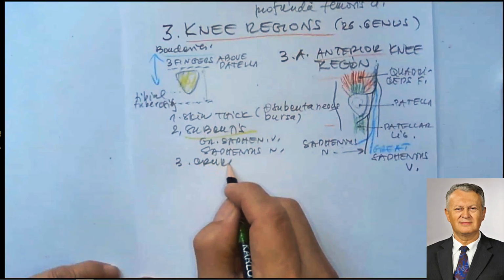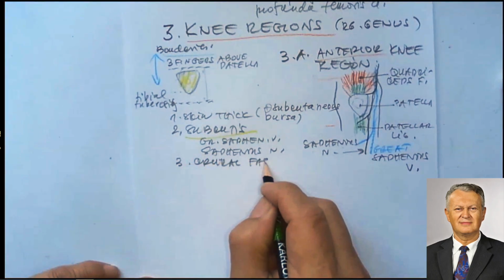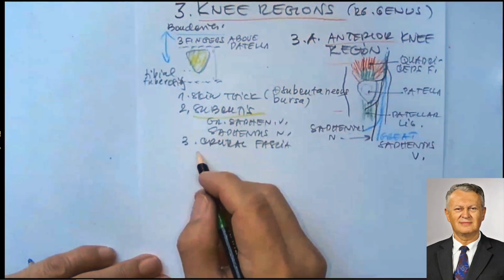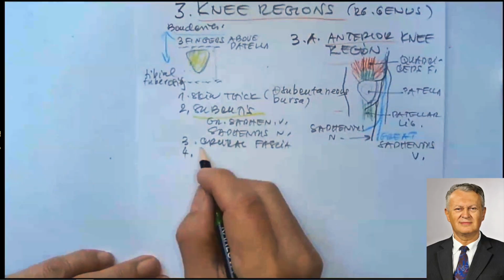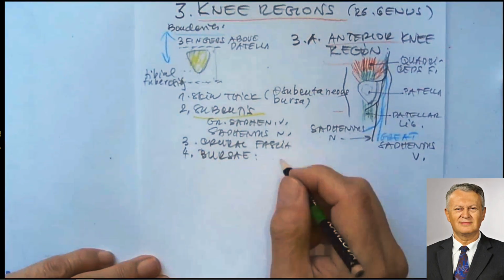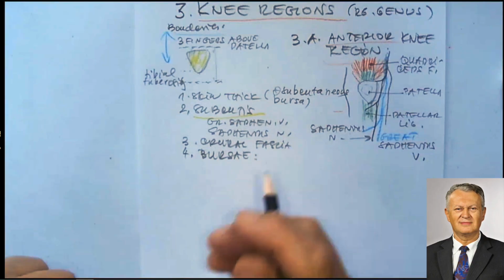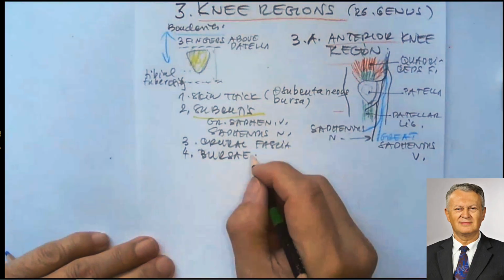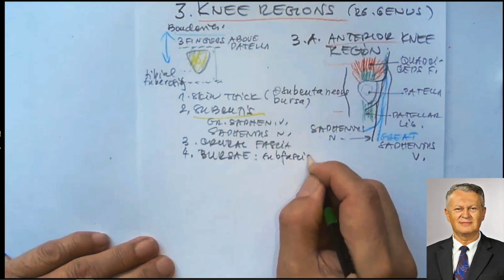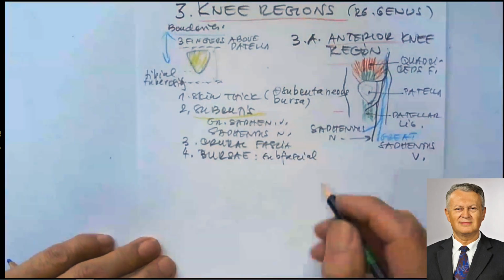We call it crural fascia, and beneath the fascia we see the bursae, position number 4, bursae, plural, because there are more. According to the position, we name them subfascial, because they are situated beneath the fascia.